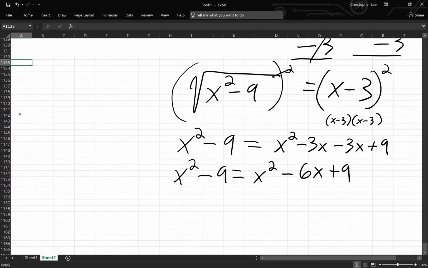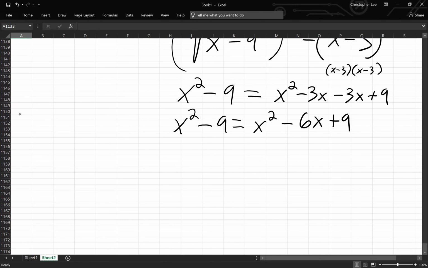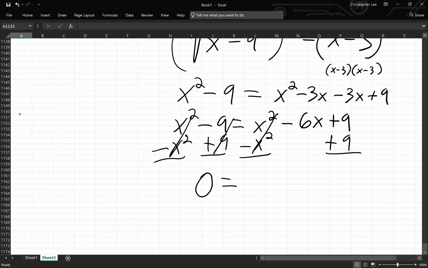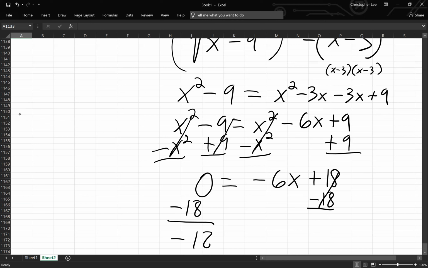Let's see. Let's subtract x squared from over here. But what you do to one side, you gotta do to the other. Let's add 9 over here. But what you do to one side, you gotta do to the other. So now I have 0 is equal to negative 6x plus 18. Let me subtract 18 over here. What I do to one side, do to the other. I have negative 18 is equal to negative 6x.